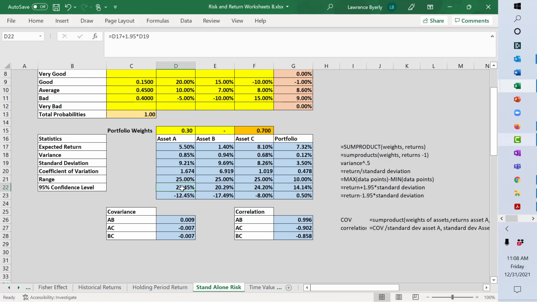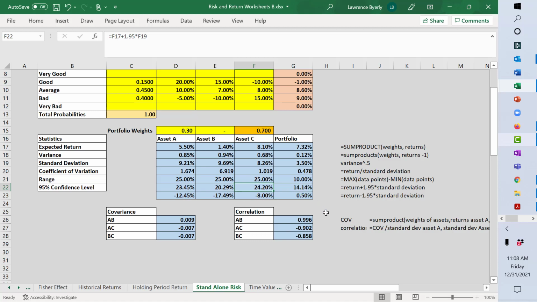Now, the bottom two rows here are the 95% confidence level. So what this implies is that next year's returns, there's a 95% chance that it will be between -12 and 23. Again, if you look down here to the end, -8 and 24, there's less distance here than there is here.